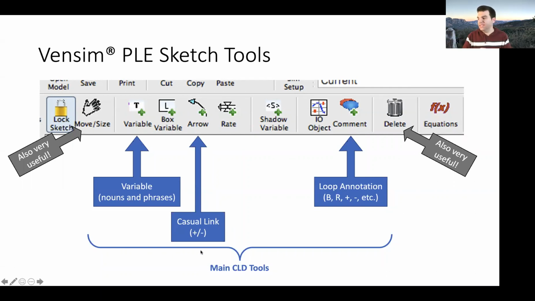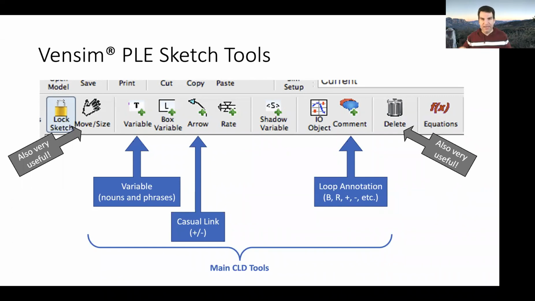The arrow is what we use to draw our causal links. Like we'll see in a second, hunger and amount eaten will be variables. And the fact that if you're hungry, that's going to increase the amount eaten, that's a causal link, and then you'll draw that.